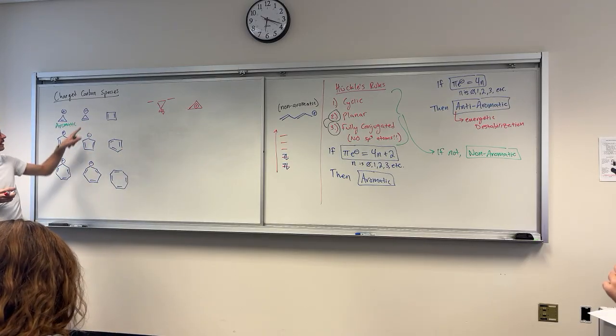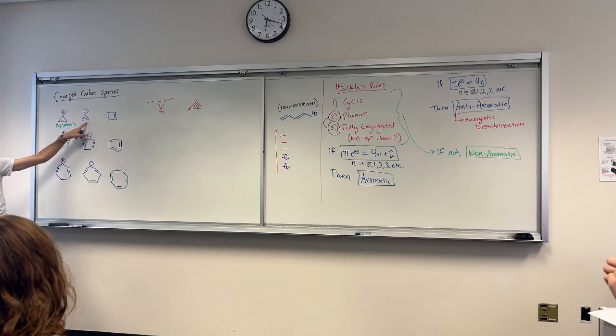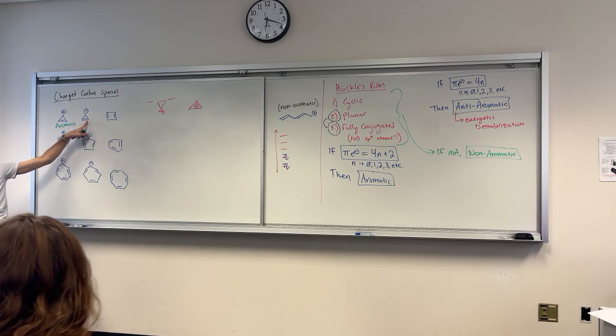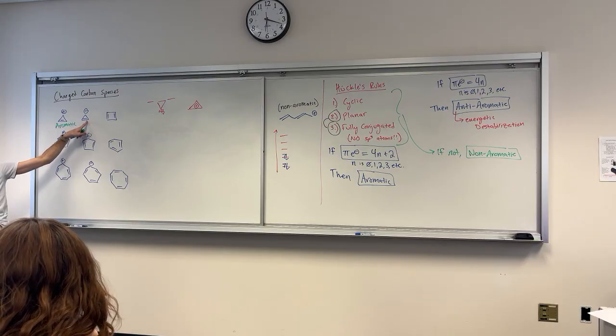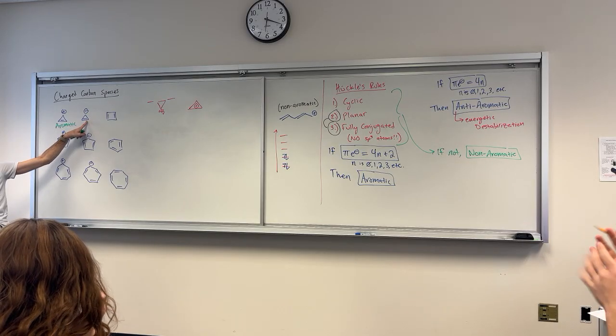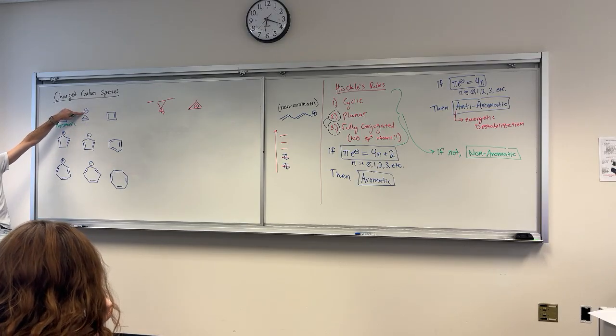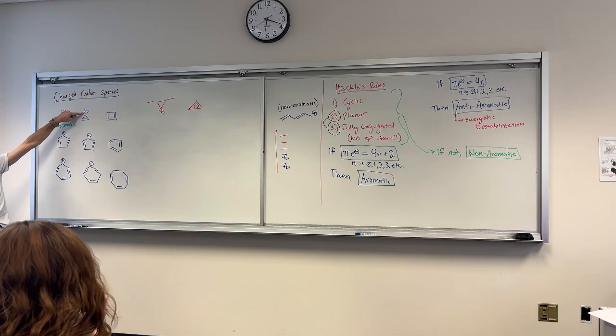Now, what might you say about the cyclopropenyl anion? It's full... pairs. I disagree. What is this negative charge? It's a lone pair of electrons.